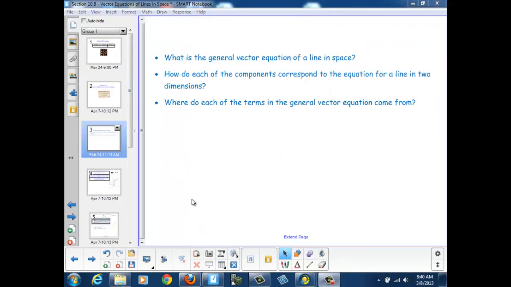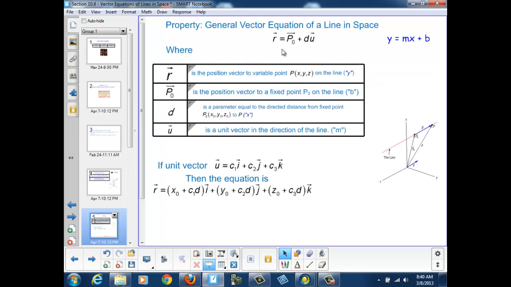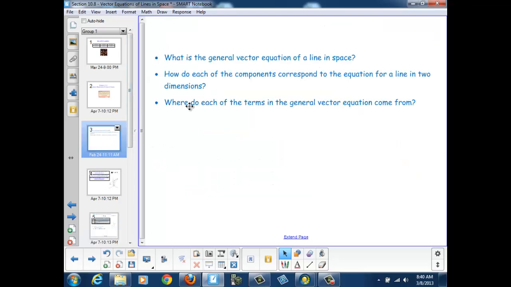So let's recap. What is the general vector equation of a line in space? Well, here it is right here. R, our line in space, is equal to the position vector P plus d times a unit vector in the appropriate direction. How do each of the components correspond to the equation for a line in 2 dimensions?